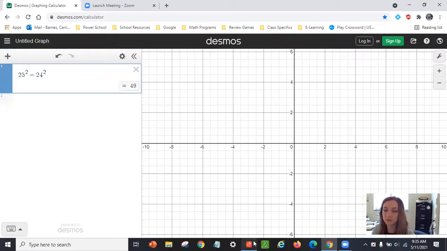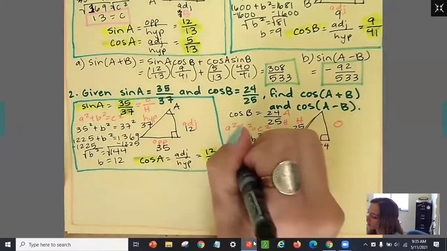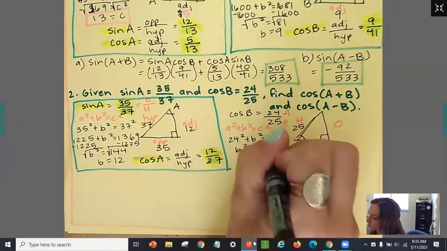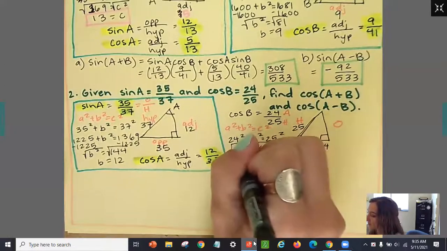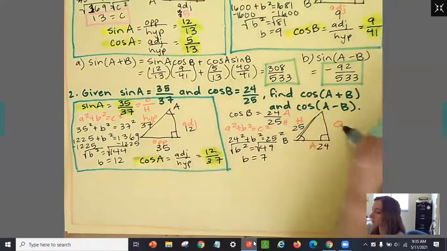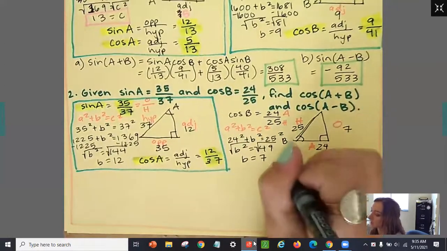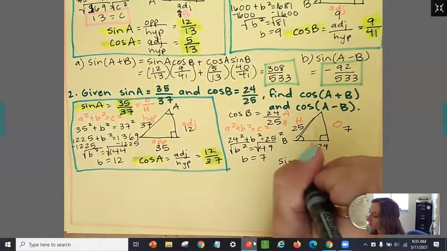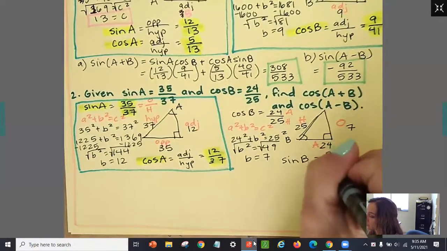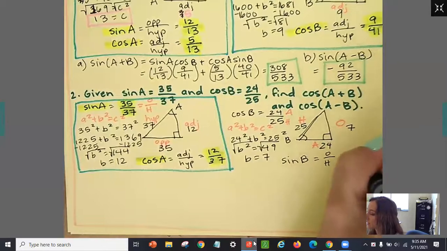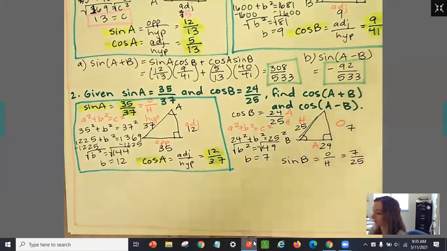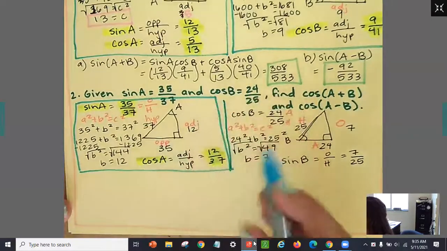So we're going to get 49. So that means that B squared equals this 49, so we're going to do the square root. And that means that B equals 7. So this opposite side here is 7, and now we can find the sine of B, which is the opposite over the hypotenuse. So the opposite is 7, and the hypotenuse is 25. Now that we have all the values, we can go ahead and plug into the formula.